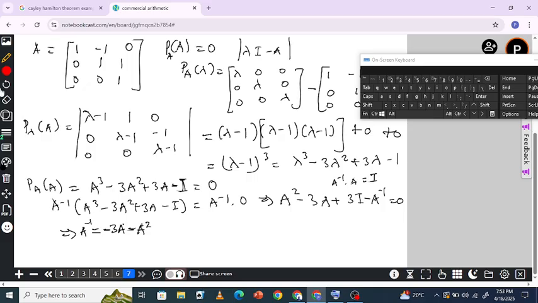Let's just go the correct way, because you remember our A inverse is negative, so everything that goes to the other side we negate.